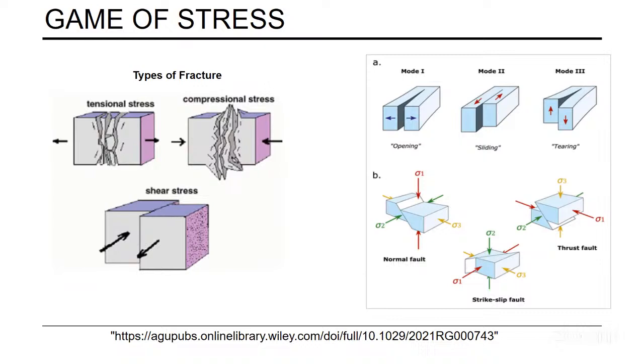If you look at the tensional stress and the normal fault, you can get an idea that when there is a tensional stress, sigma 1 is acting on the top, right? Similarly, when you are looking at the compressional stress, you will have a thrust fault. And when you are looking at the strike-slip fault, you are going to have shear stress.